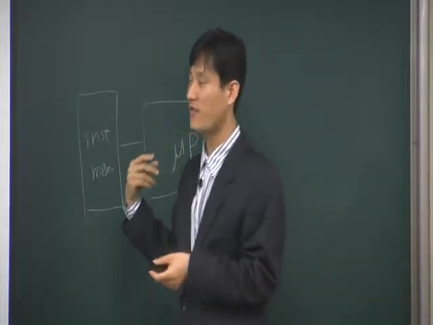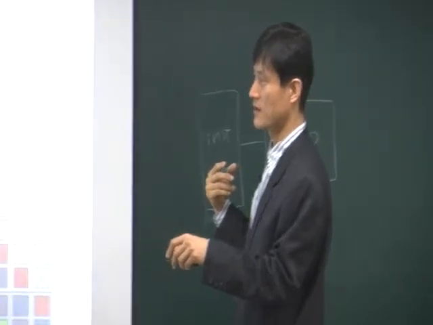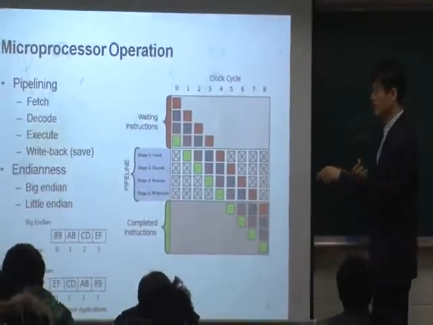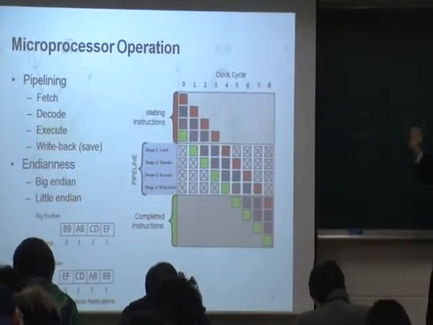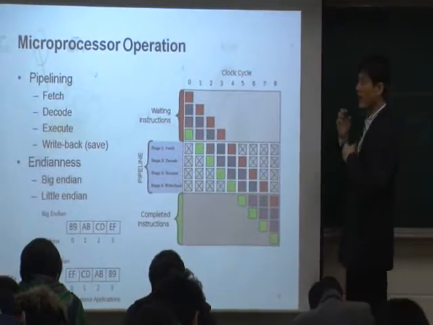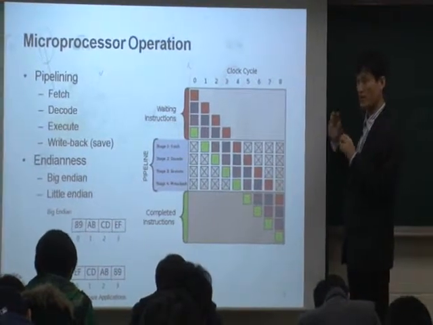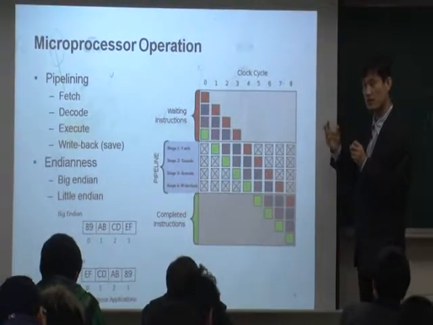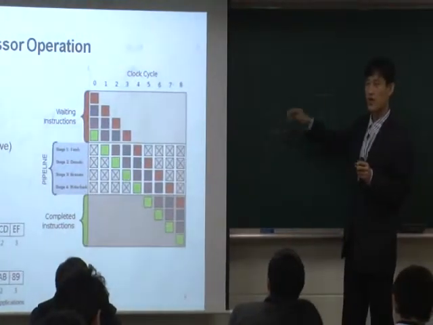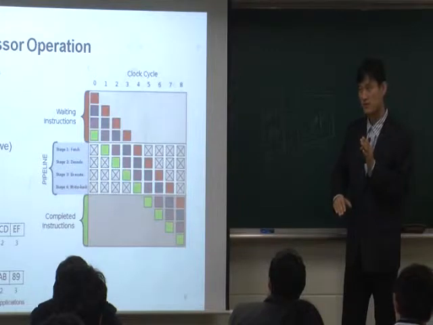That's fetch. In English, fetch means bring something out, right? So read the value from the instruction memory. That's the first step. For every instruction, they do fetch first. In instruction memory, you have a lot of instructions, right?